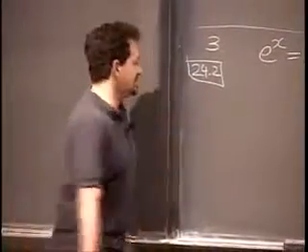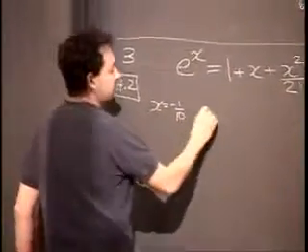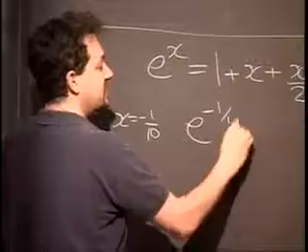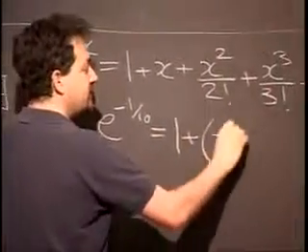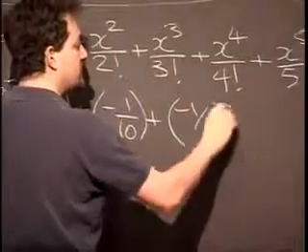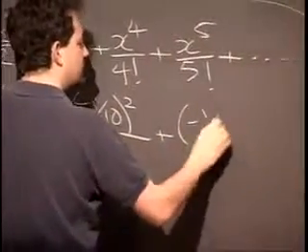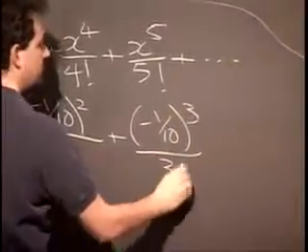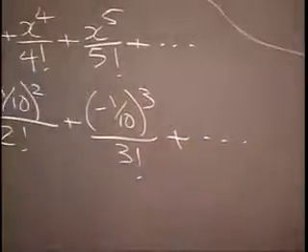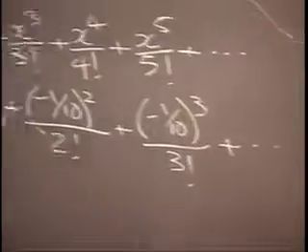What does it mean? Let's put in x equals minus a tenth again to get an equation. It says e to the minus a tenth is 1 plus minus a tenth plus minus a tenth squared over 2 factorial plus minus a tenth cubed over 3 factorial, and so on. And another way of writing this, well, let's actually just tidy it up.